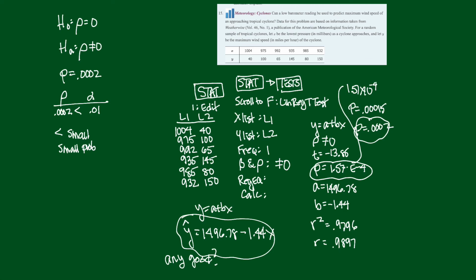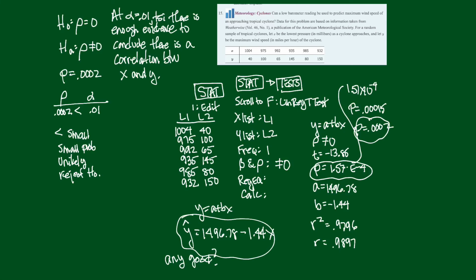So if it's a small probability, but I'm seeing this, I think I'm seeing something that if H naught is true, this is unlikely. But I don't think I see unlikely things, so I'm going to reject H naught. All right, this is just how I remember it. If you can remember it here, if you get a less than, you can reject. If it's greater than, you fail to reject.